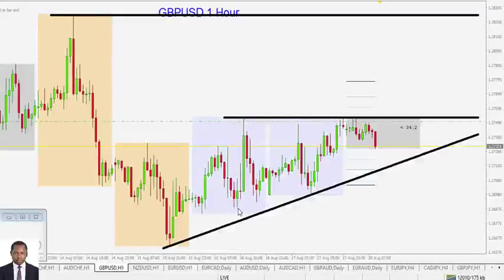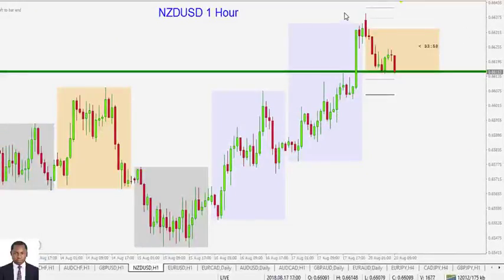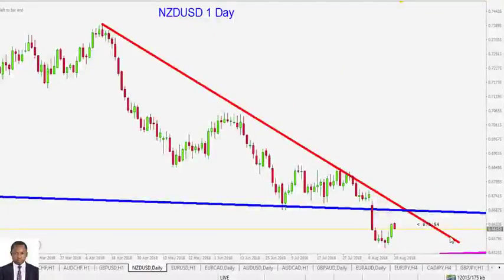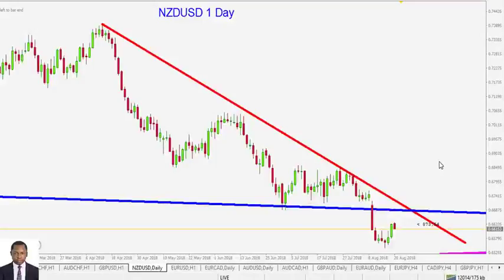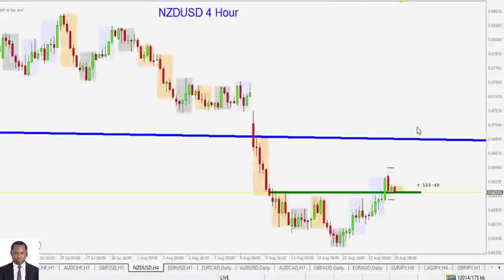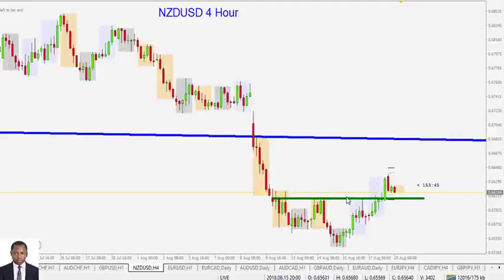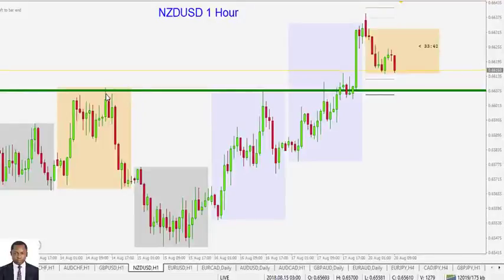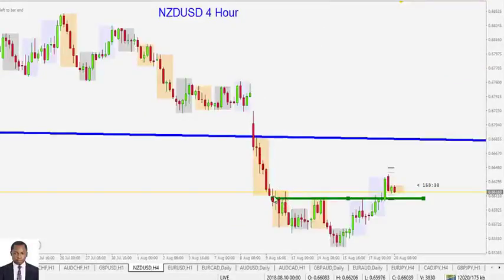Okay, New Zealand dollar against the American dollar, the same thing. If these pairs must go up or push upward, today is going to be some hesitation day. You should not try to go long today.